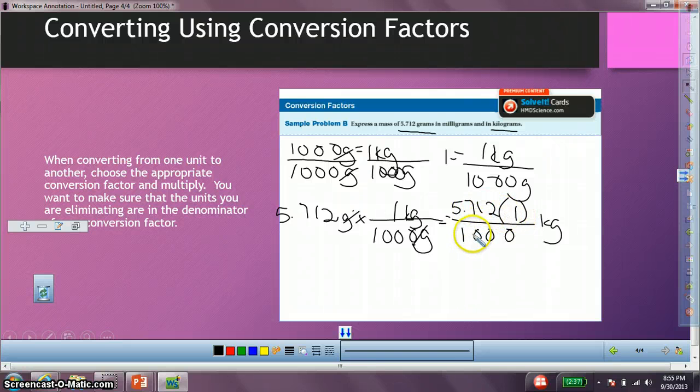And when we divide it by 1,000, we move the decimal point to the left 3 spaces. 1, 2, 3. And we leave zeros where those spaces were empty. So our answer is 0.005712 kilograms.